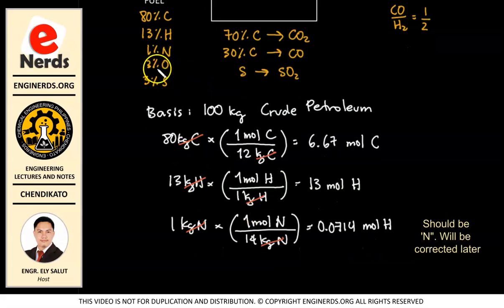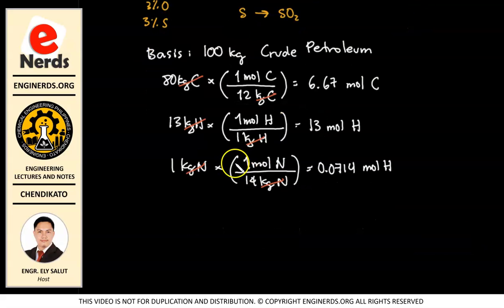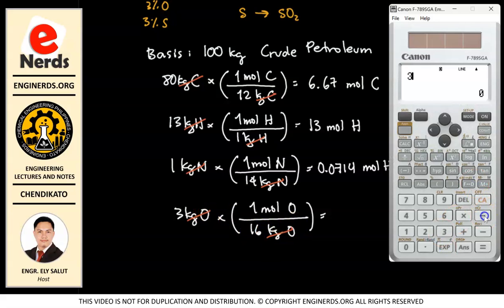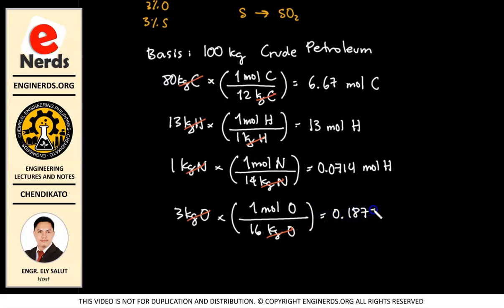Then let's go to oxygen. We have 3 kilograms of oxygen, and 16 kilograms of oxygen for every 1 mole of oxygen. This cancels out again, so we have 3 divided by 16, which is 0.1875 moles of oxygen.